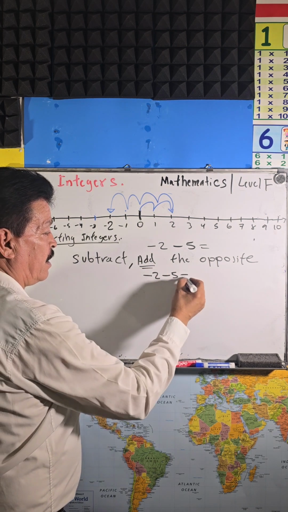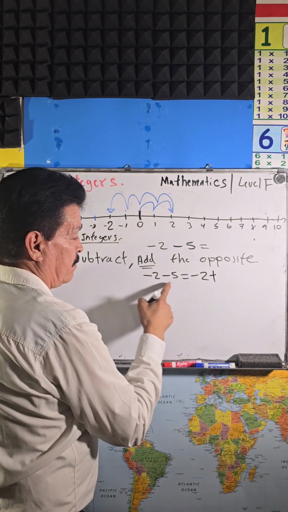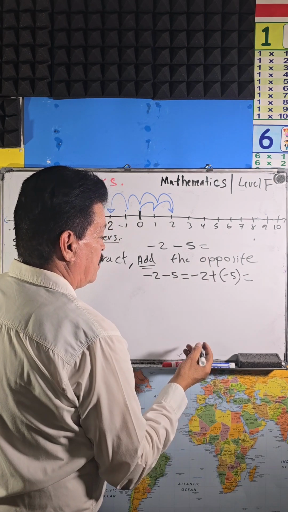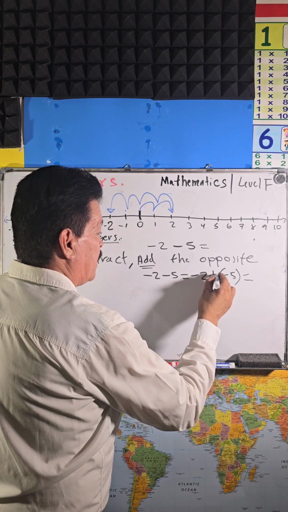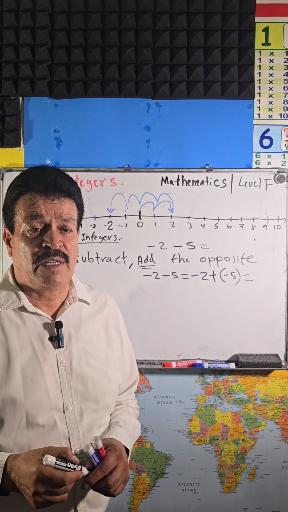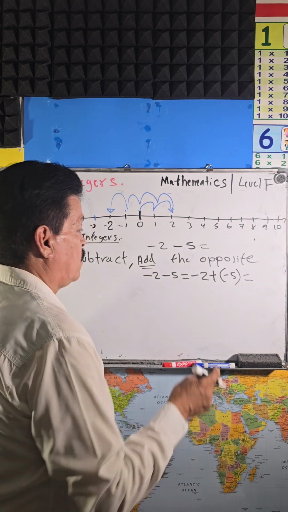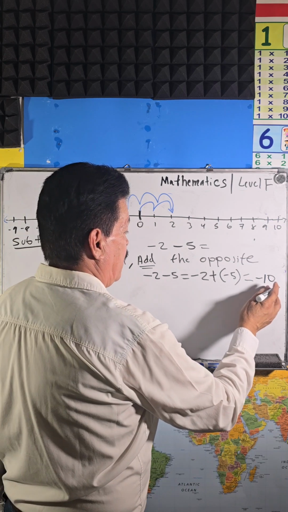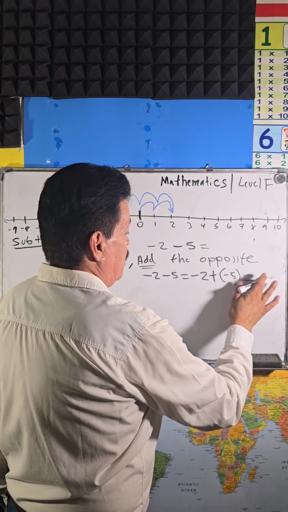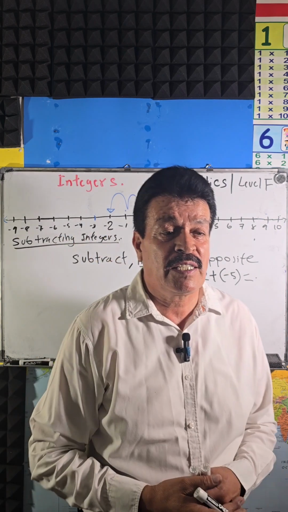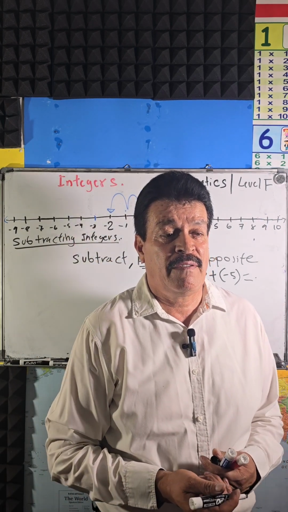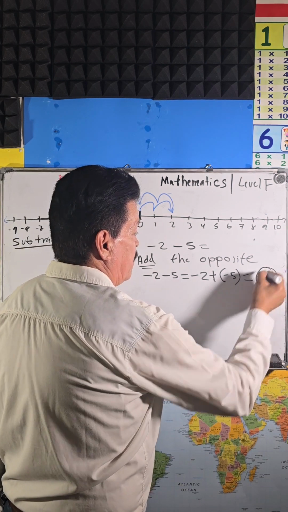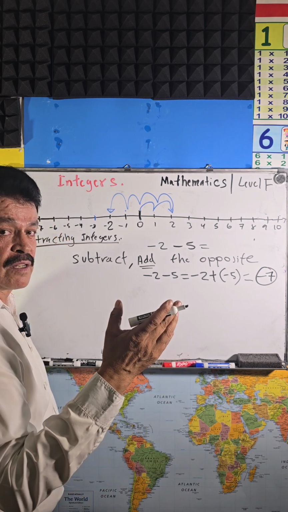So negative 2 plus, what is the opposite of 5? That's negative 5. Then what is the answer here? Both are negative. Negative 2 plus negative 5, how much is it? It equals negative 7.